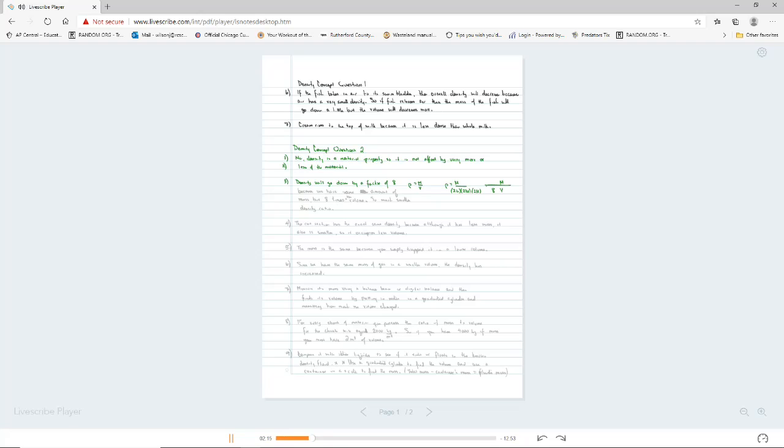So in this case, the object's overall density will change and it will decrease. This is because we have the same amount of mass, but 8 times as much volume.